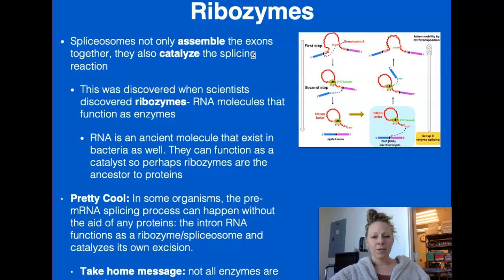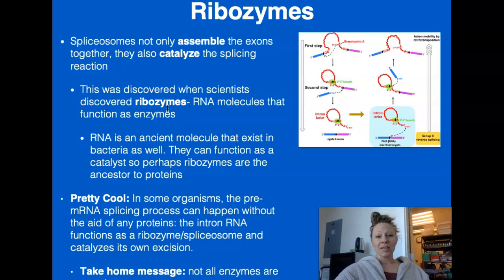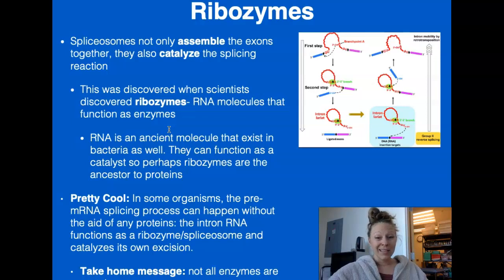It was discovered when scientists discovered ribozymes, which are RNA molecules that function as enzymes. RNA is an ancient molecule that exists in both bacteria and eukaryotic cells, and it can catalyze reactions.